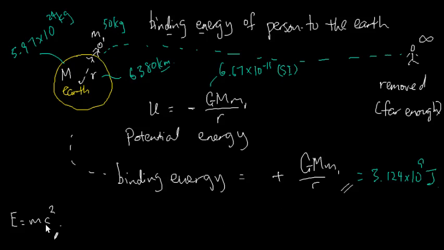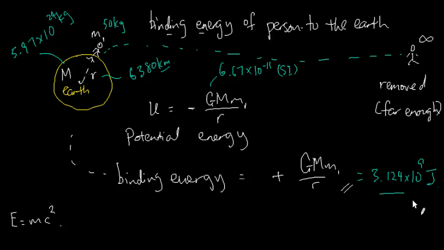Right, so coming back to this mass-energy equivalence issue, as I was saying, when we move the person to infinity, the potential energy of the person increases by this amount, which I've just calculated.